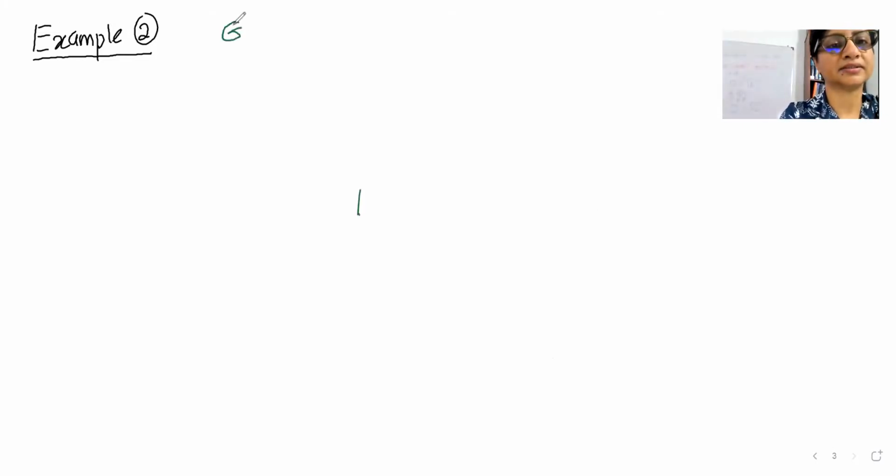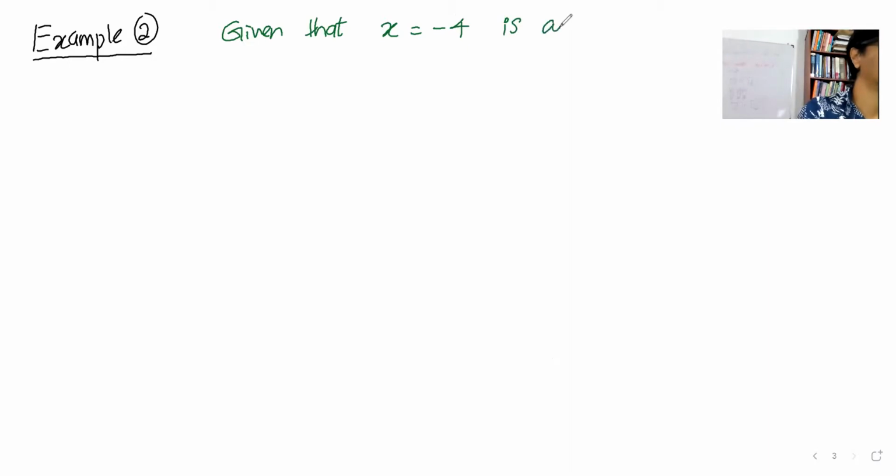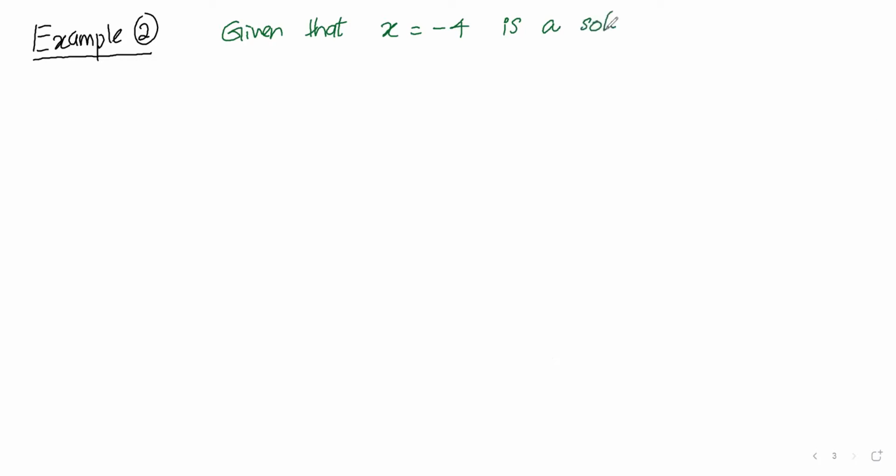Given that x equals -4 is a solution of... I'm writing in terms of x again, just to show you that it doesn't make a difference.